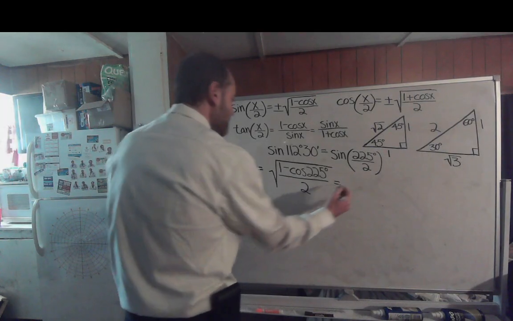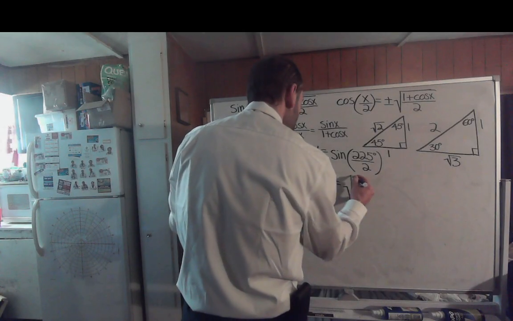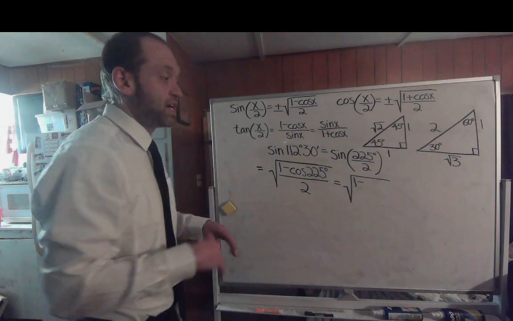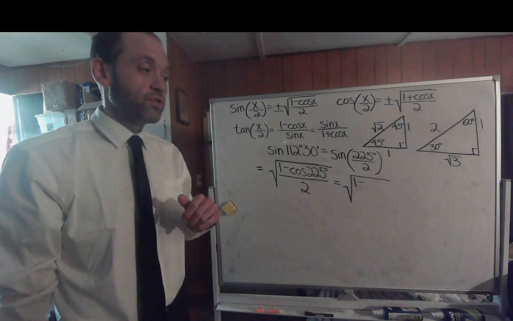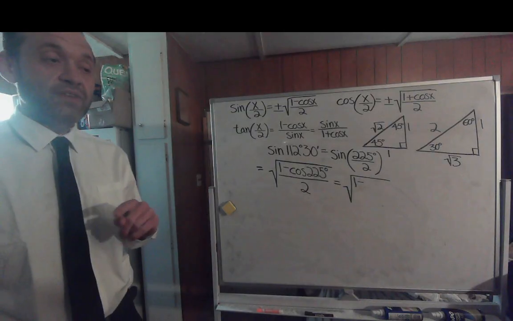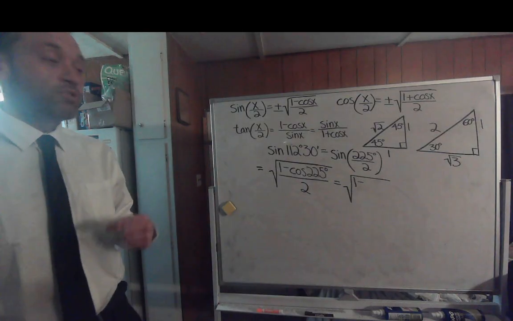Now this is going to get interesting. So this is 1 minus, now what is the cosine of 225 degrees? 225 degrees minus 180 is 45 degrees, so that's a 45 degree reference angle in the third quadrant. That actually means it'll be negative.